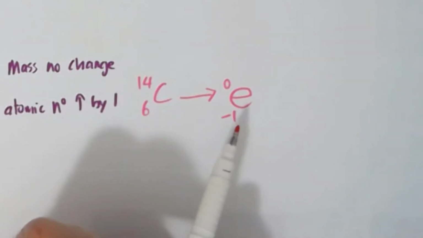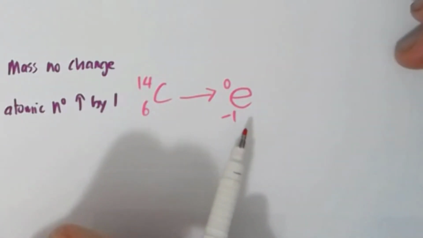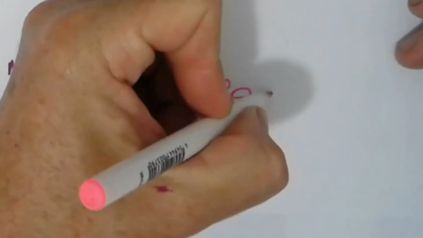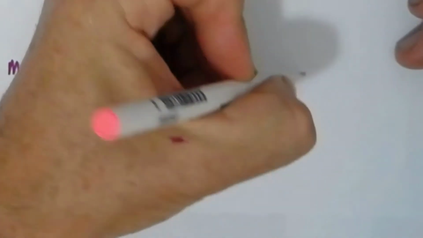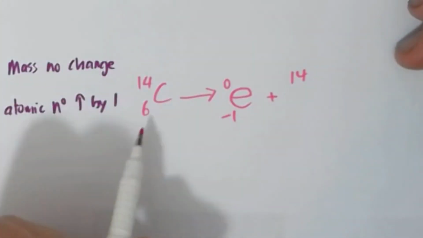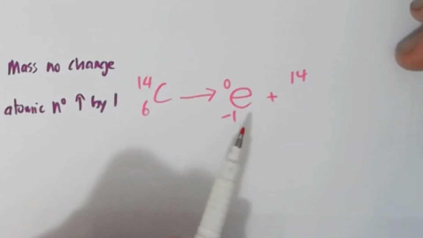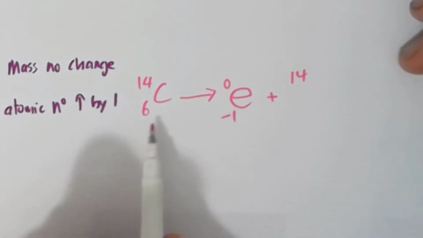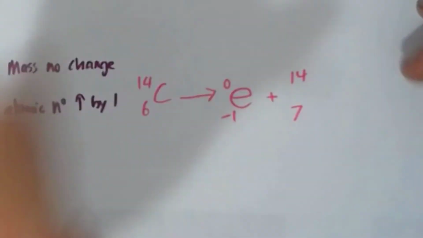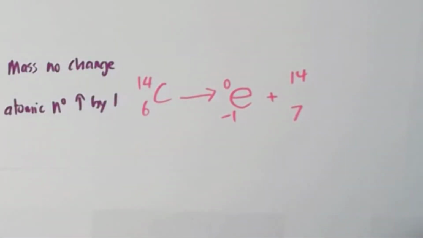What that means is we're adding 1 to our number of protons. So there's 0 change to the mass, it's still going to be 14, but the atomic number is increased by 1, so 6 to 7. So it's changed to a different element.